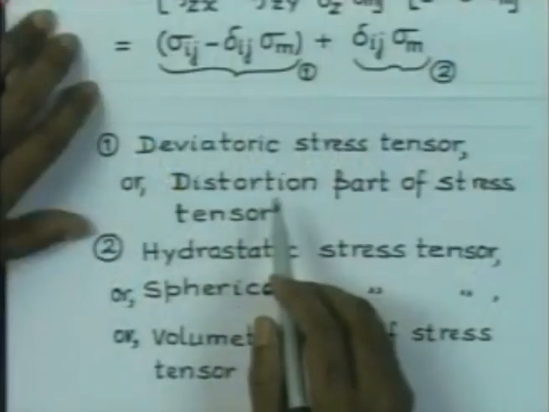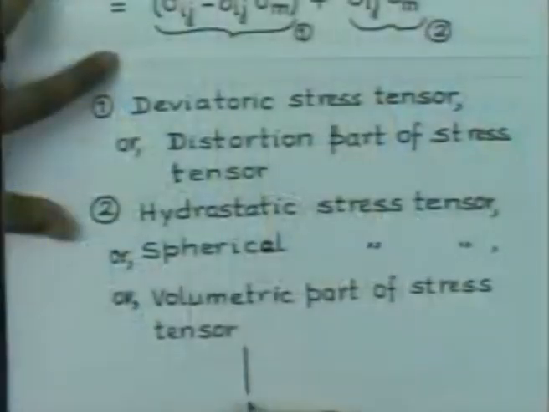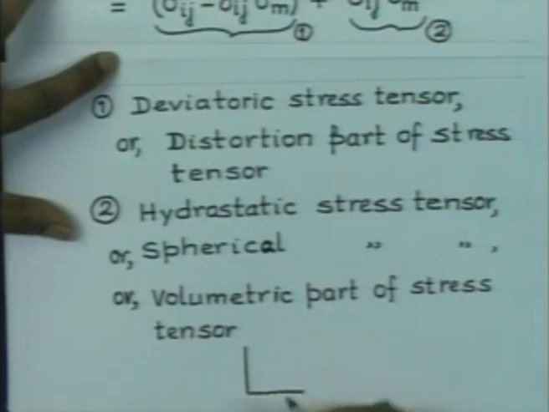And you will find that under the action of this deviatoric part, any two orthogonal directions will change orientation. That means, if you think of the angle between the x and y direction before deformation, after deformation they will undergo change.